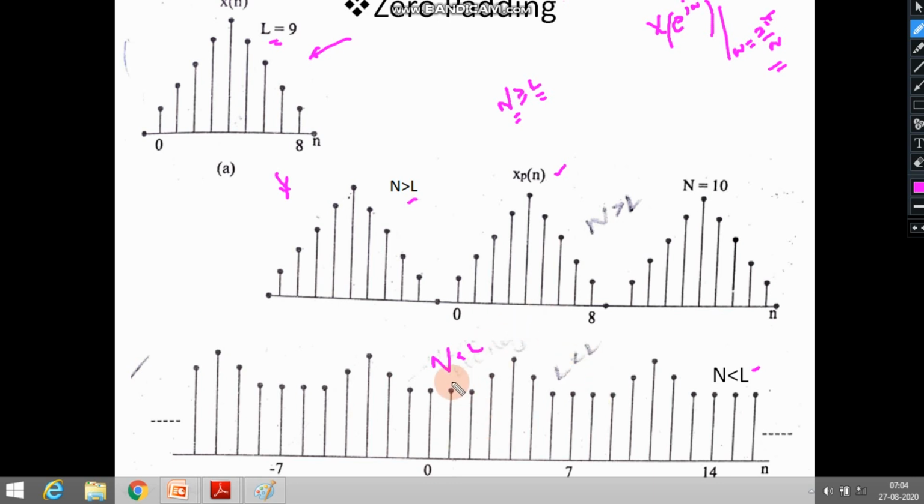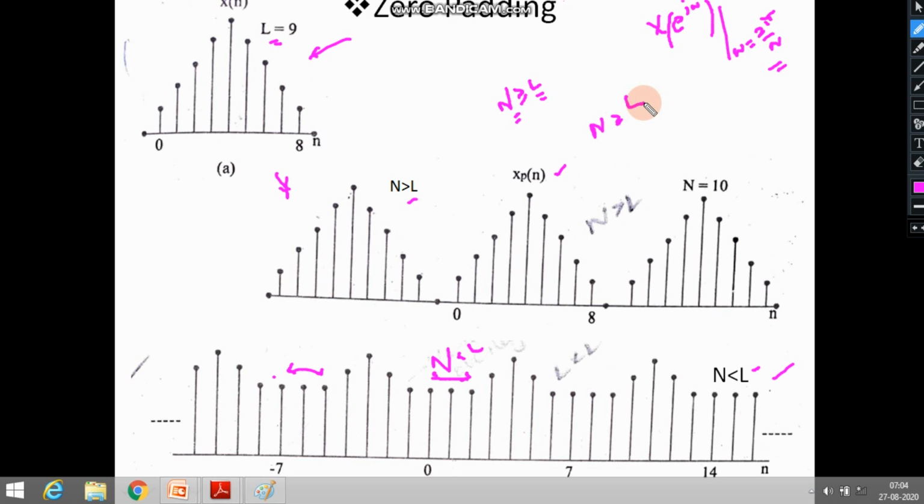So the overlapping occurred here, and between this and this we have lost some of the data. So aliasing occurred here, and this loss happened when the number of sampling points is less than L. So one thing we should consider when doing the DFT is that N should be made greater than or equal to L.